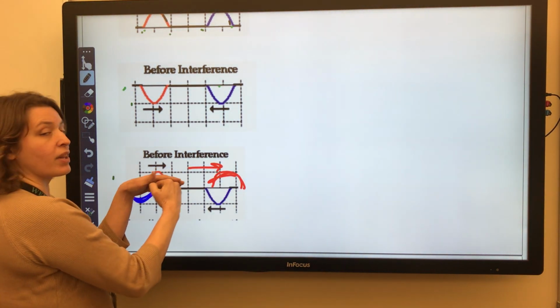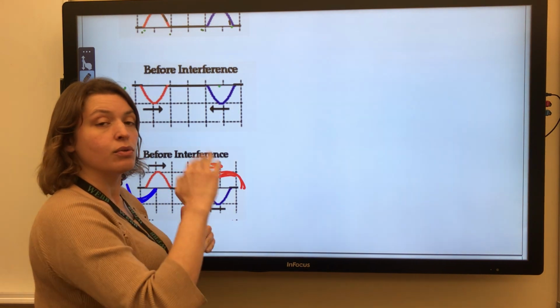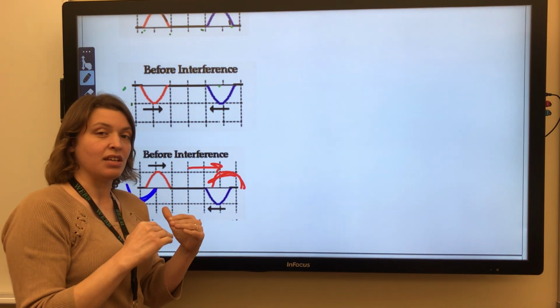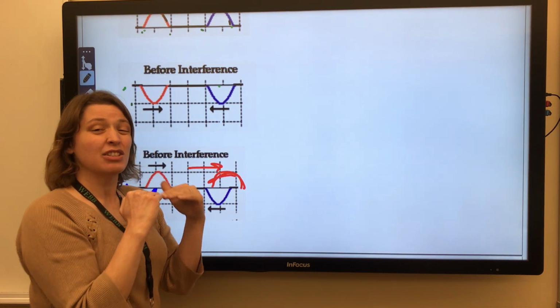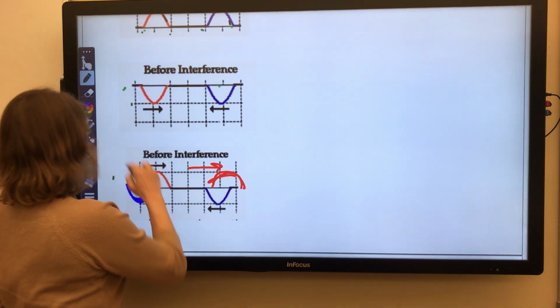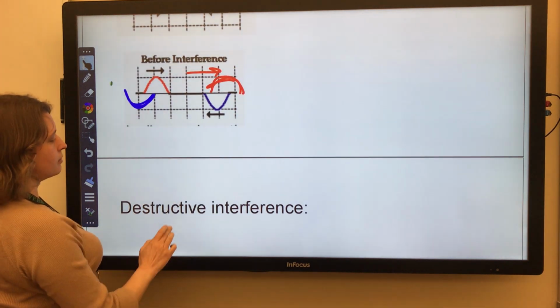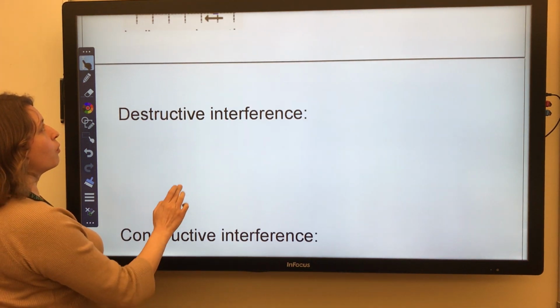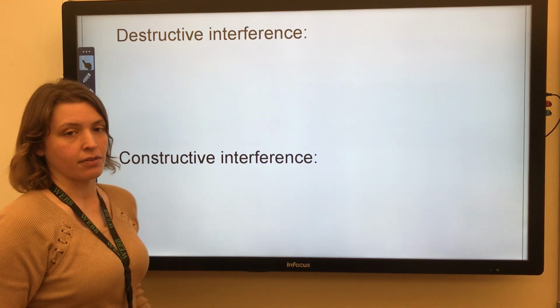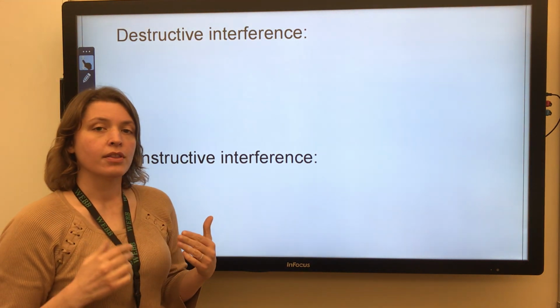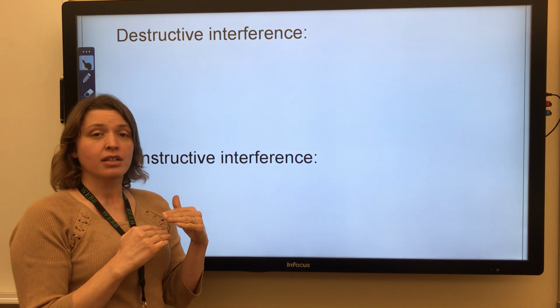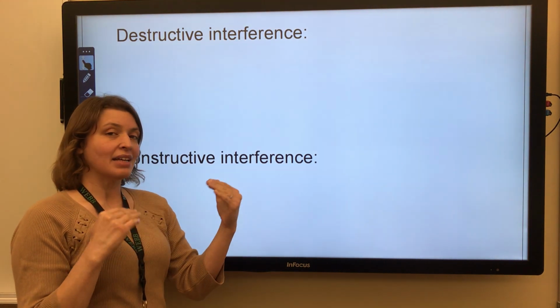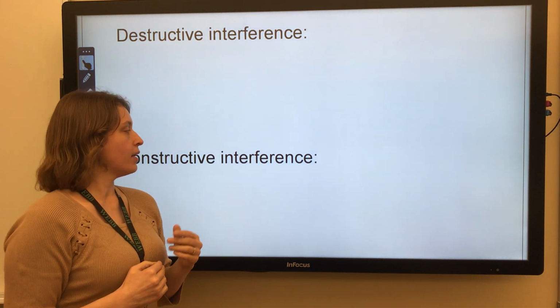But at that moment where they overlap, the two perturbations in the same medium are going to basically push the medium in opposite directions, and they're essentially going to cancel each other out at that point. So we call that destructive interference if the two waves overlap in such a way that the resulting or combined amplitude is less than either individual wave.